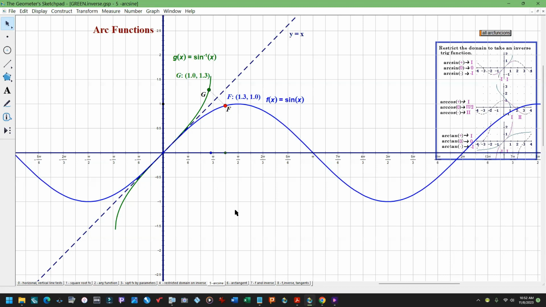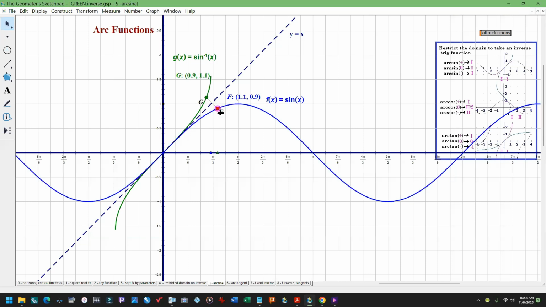So that's what we have to address first. Restricting the domain. We have to restrict the domain so that if you have a number x and take its sine, you get a number y called the sine of x, that you knew.